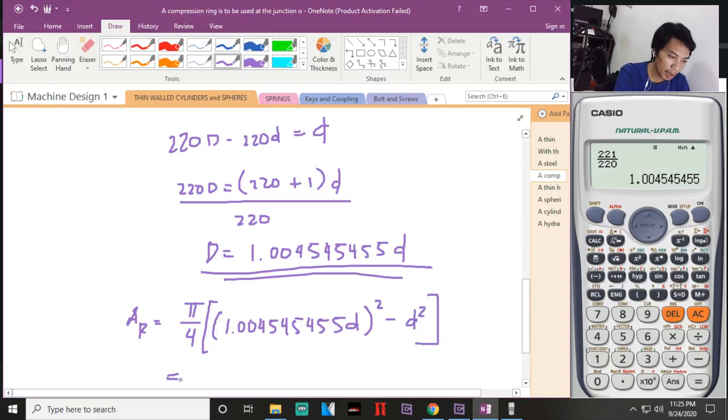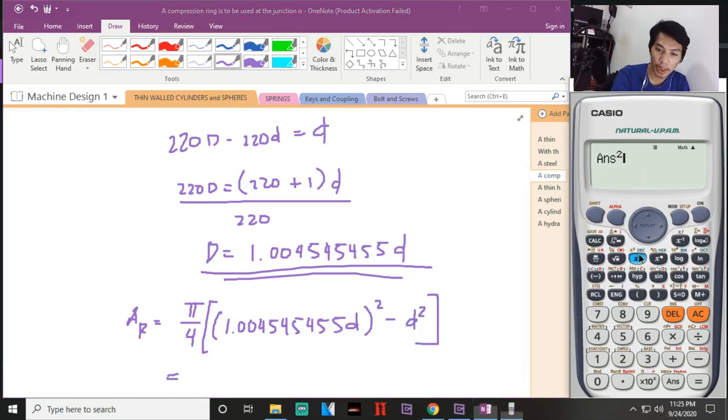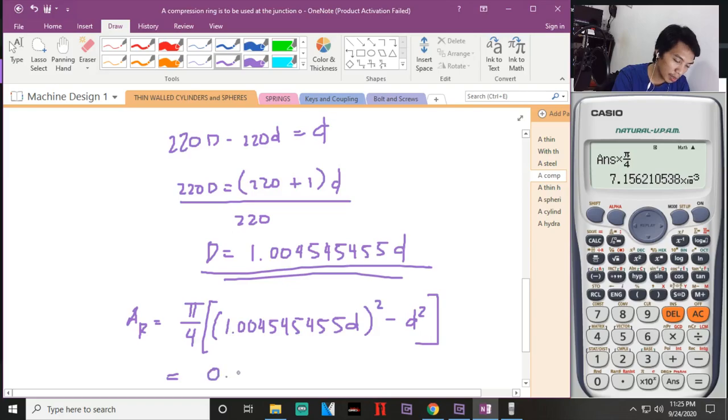Now, the area will be, square natin to, minus 1 times pi divided by 4. The answer will be, yun yung answer. Hindi natanggal si d squared, sir. Oo, ganun talaga yun. 0.07156 d squared. Yun yung area na.